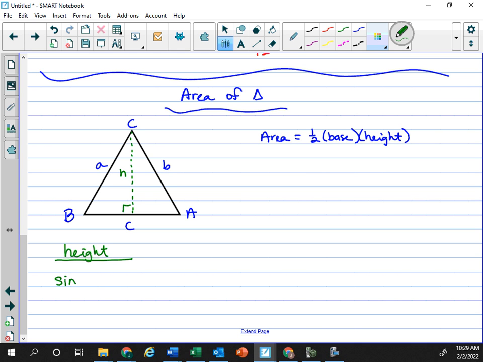Okay. So that's the same as A times sine of B equals H, right?